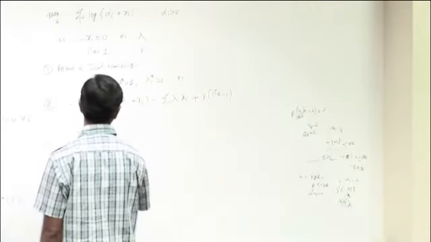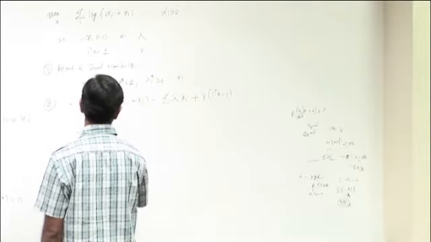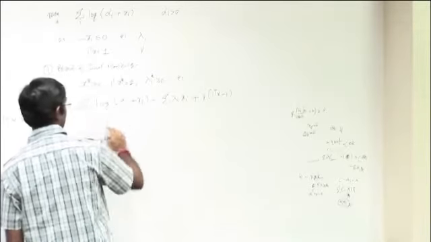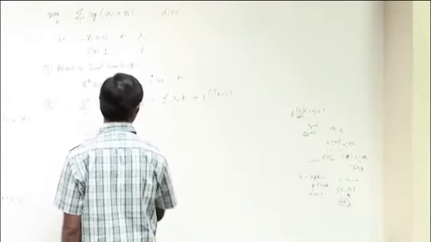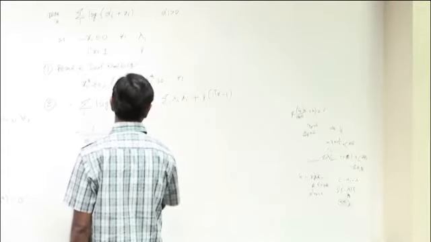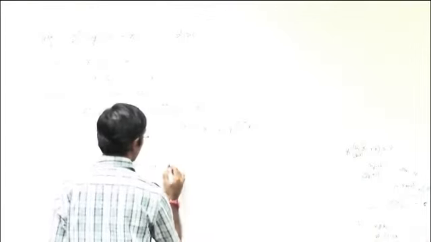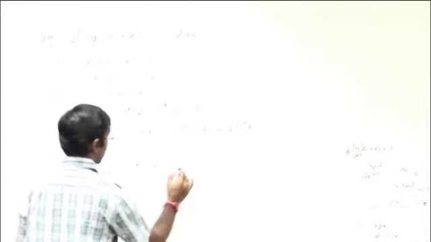Taking the derivative with respect to the ith component gives minus 1 by alpha i plus x i star, minus lambda i plus nu, and I have to set this to be 0.